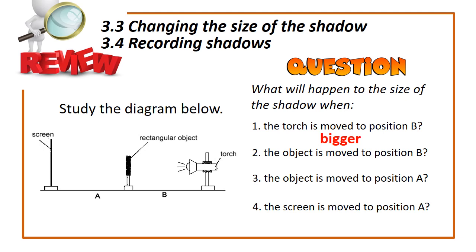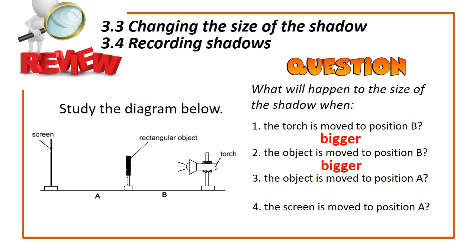Next, when the object, the rectangular object, is moved towards position B, then what will happen to the size of the shadow? The shadow is bigger.